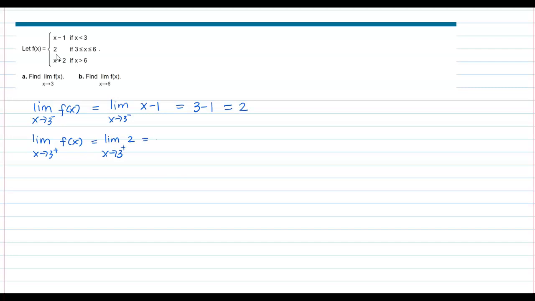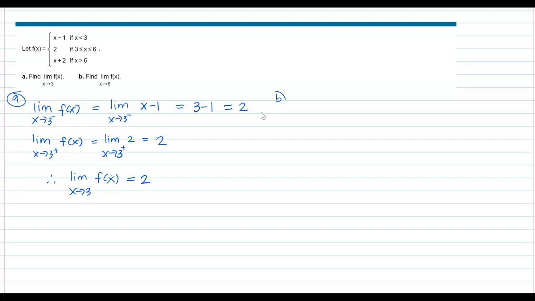The limit of a constant is just equal to that constant. Now we see that the left-hand limit is equal to the right-hand limit. They're both equal to 2. So therefore, we can conclude that the limit of our function as x approaches 3 is equal to 2. So that's letter A.